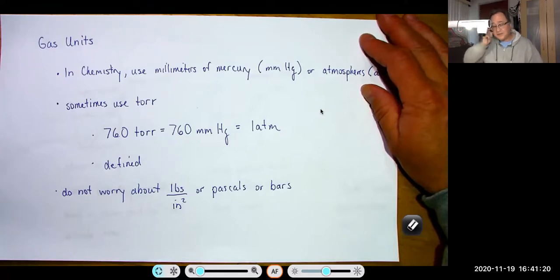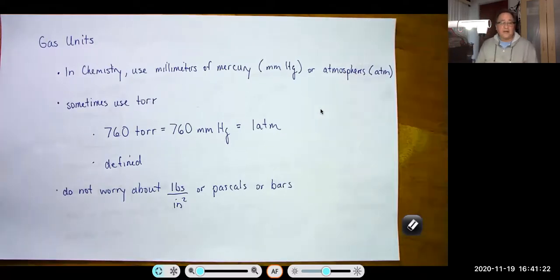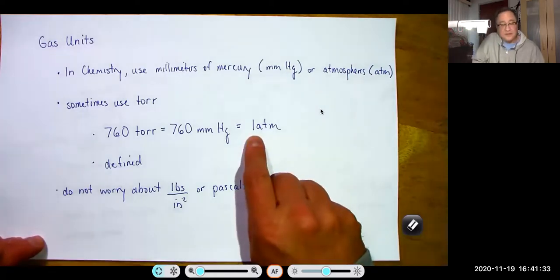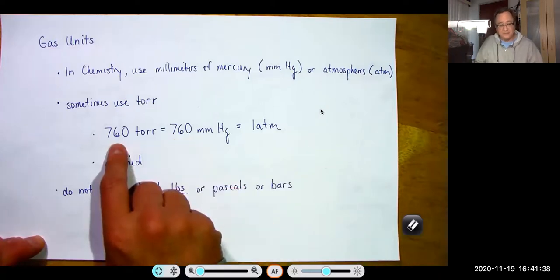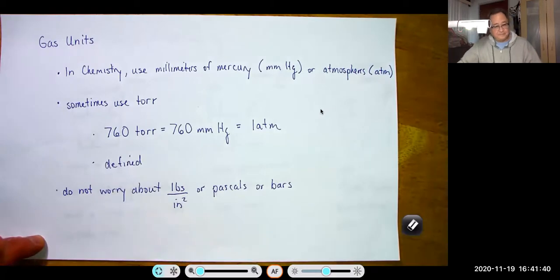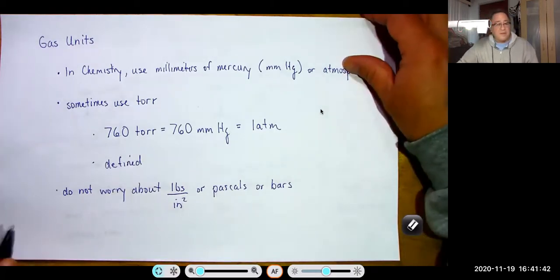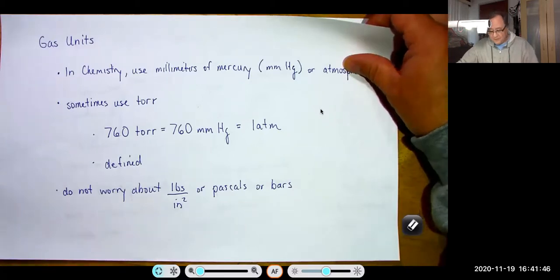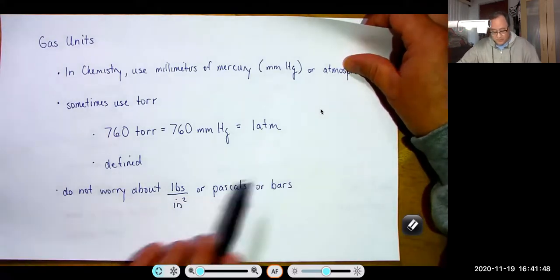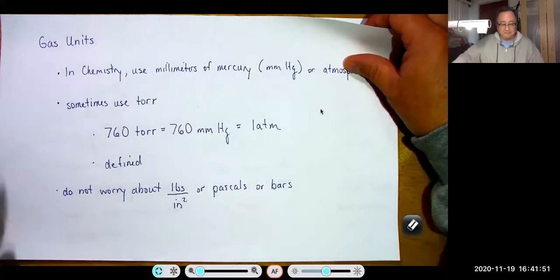And 760 millimeters of mercury is equal to 1 atmosphere, and that's defined. So that means that there's an infinite number of sig figs here, an infinite number of sig figs here, and an infinite number of significant figures here. So that's defined. Do not worry about pounds per square inch or pascals or bars, but roughly speaking, about 15 pounds per square inch is equal to 1 atmosphere.